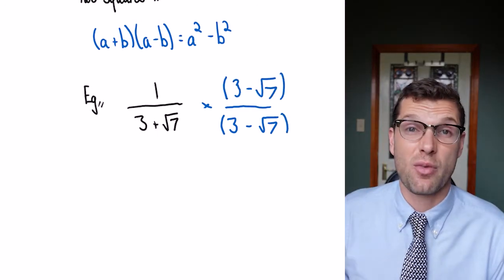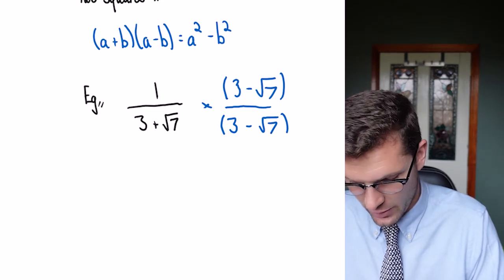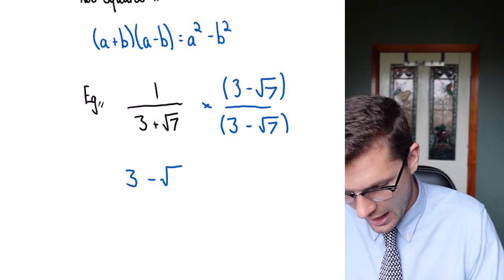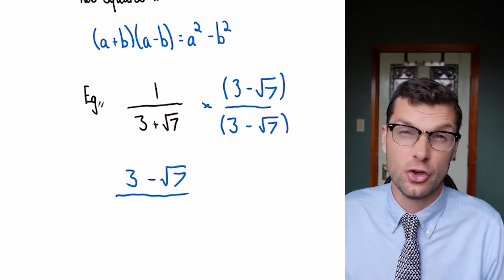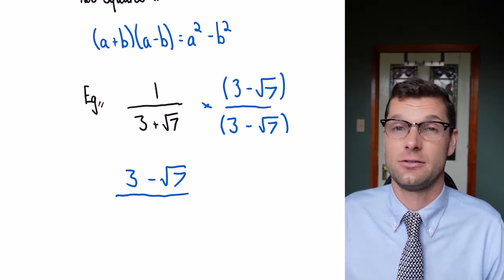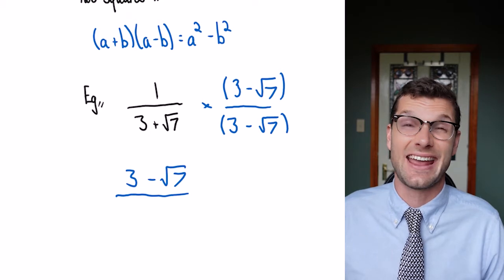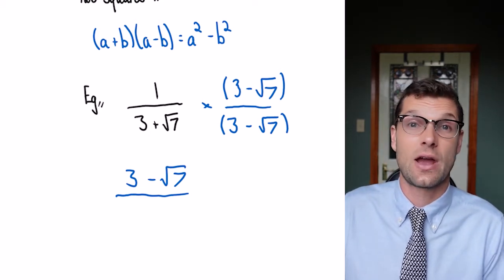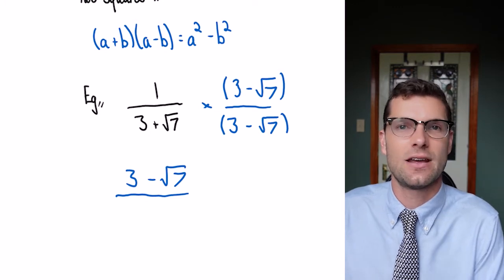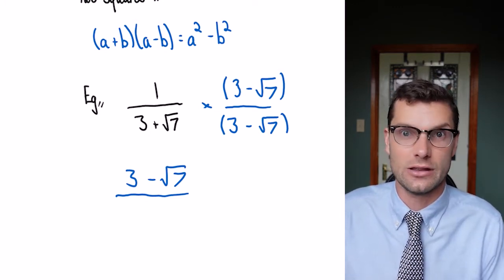Because we're just multiplying by 1, we can very quickly throw this in there, and the bottom here is now a difference of two squares. You can FOIL this out if you want to. There is absolutely nothing wrong with that. It's just going to take heaps of time. So using that rule of the first term squared minus the second term squared, we can finish this off really quickly.